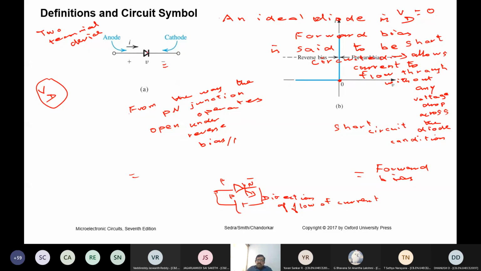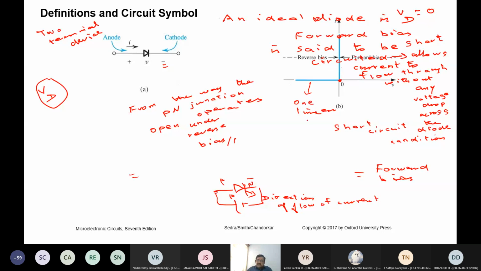for all applied voltages below 0, which means when the diode is under reverse bias, the diode does not conduct, the current is 0. So this is one piece, one linear segment. The second linear segment is here, that is the vertical line.